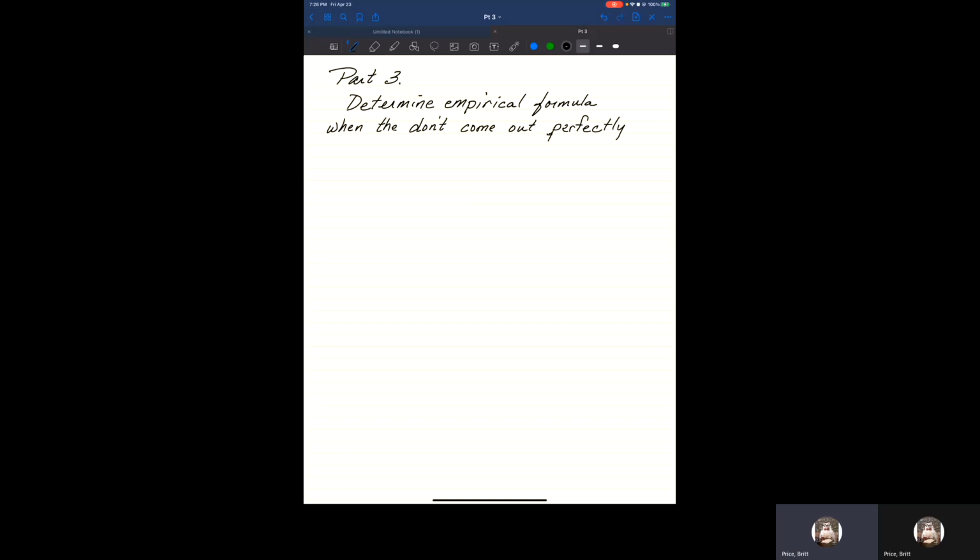The numbers should come out pretty well. So if your numbers look a little screwy, check to see if you did something wrong, or see if there's a way to get them to be whole numbers. Look for common decimals. So let's suppose I have a compound.